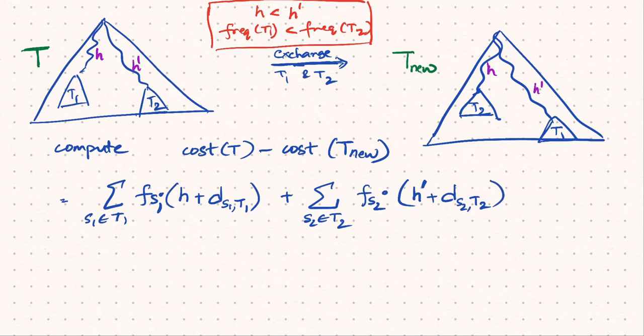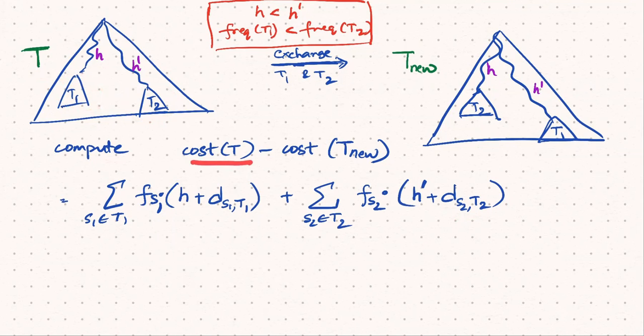Right? If I look at some symbol here, its depth in T is basically this depth h dash plus the depth of that symbol in the tree T2. So that is captured by this term here. This is the contribution of the symbols in T1 and T2 to the cost of T.